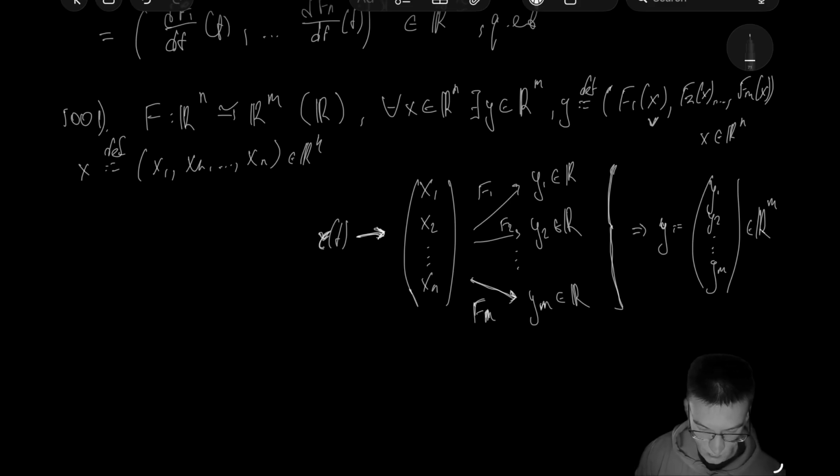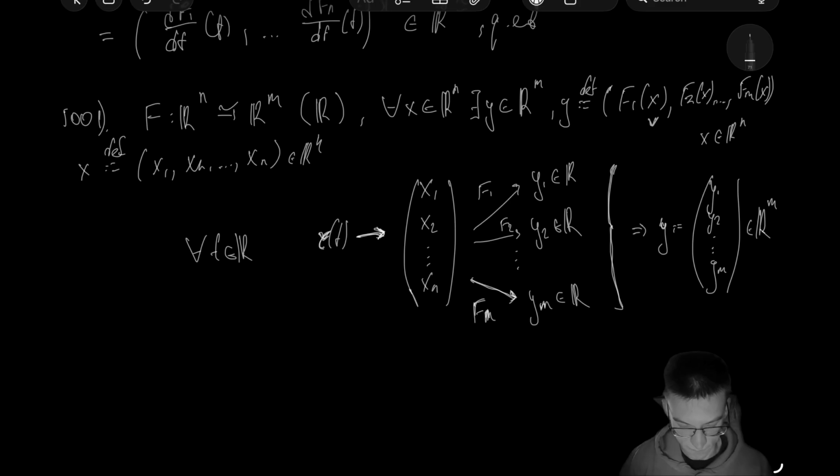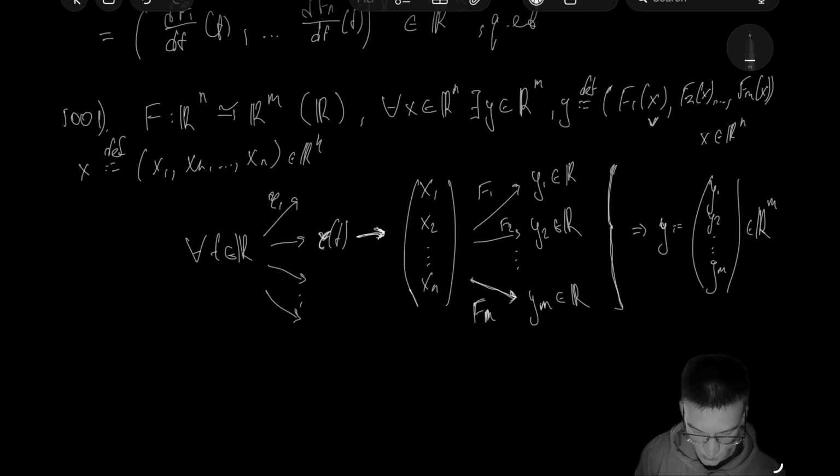Let's call this scalar value t, any scalar value belonging to this field. We can then apply the gamma function, which produces the vector. I'm going to call it gamma 1 of t, gamma 2 of t, gamma 3 of t, and then until gamma n of t, but it doesn't really matter here. I'm just going to do it for visibility.